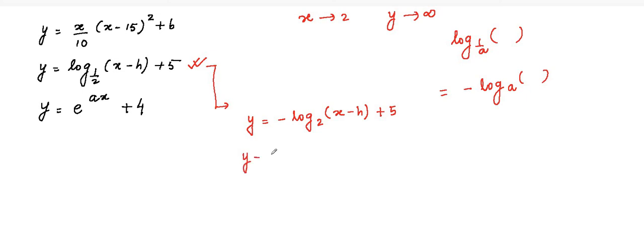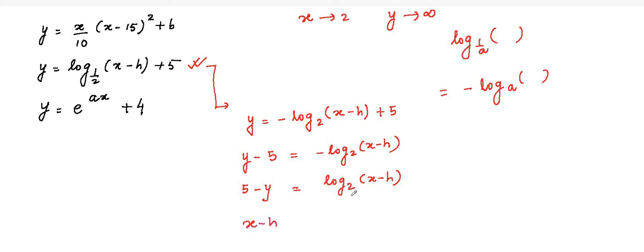This will look like y minus 5 is equal to minus log 2 (x minus h). Now this can be written as 5 minus y is equal to log 2 (x minus h). So if you want to convert this one, this goes like x minus h equals 2 to the power 5 minus y. This happens from one of the logarithm rules.